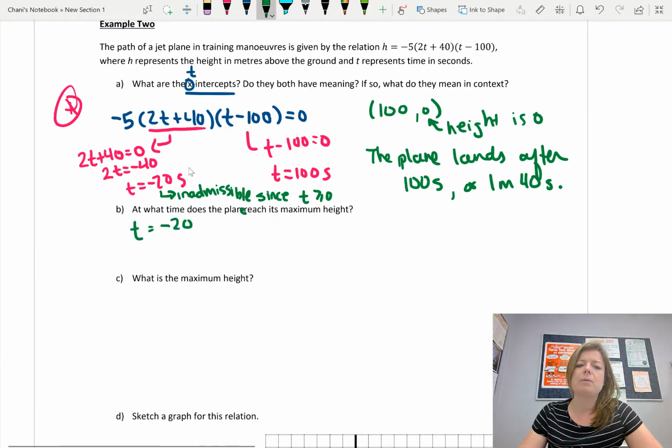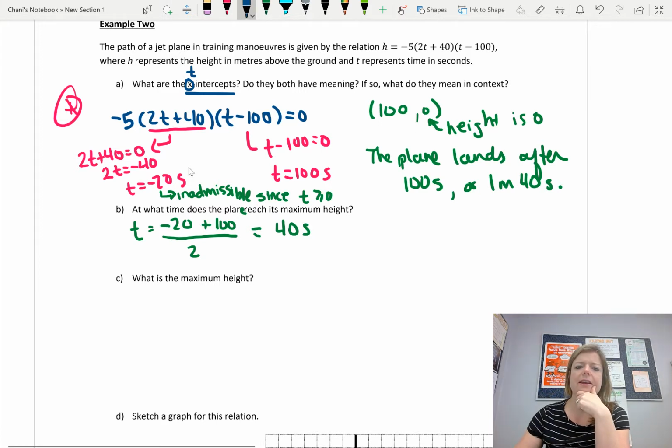So we take negative 20 plus 100 and divide it by 2. So again, even though it doesn't have meaning, doesn't mean it's not useful. So this is 80 divided by 2, which is 40. Okay, so at 40 seconds, the plane is reaching its maximum height.